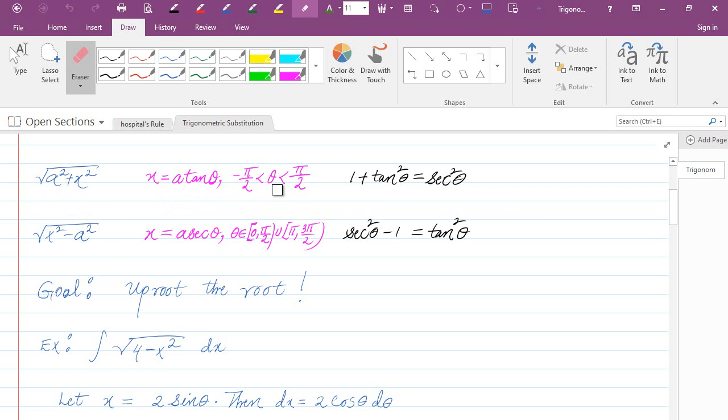Again, theta here is restricted to be between negative pi over 2 and pi over 2, so that we can use the inverse of the tangent function.